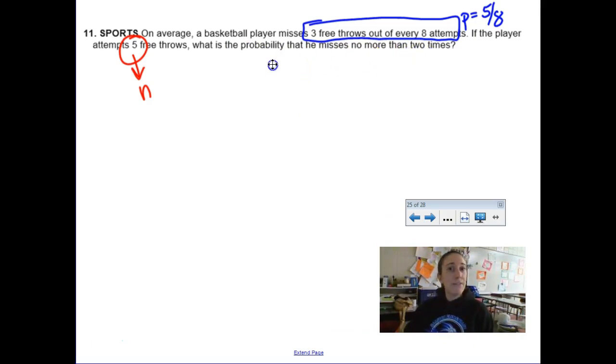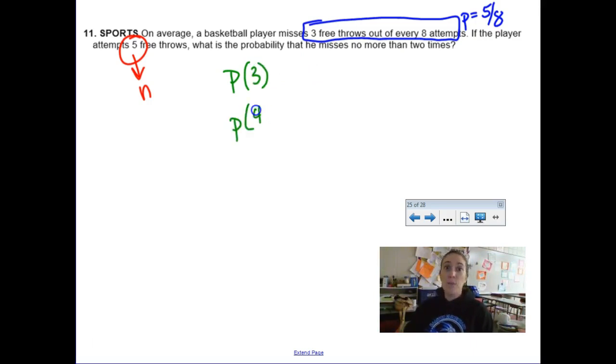So the question is they want to know the probability of him missing no more than 2 times, and since I phrased it as making free throws, I don't know why I did that, I just did. So that means he can miss 2, which means he makes 3, right? And then also he would miss less than that.